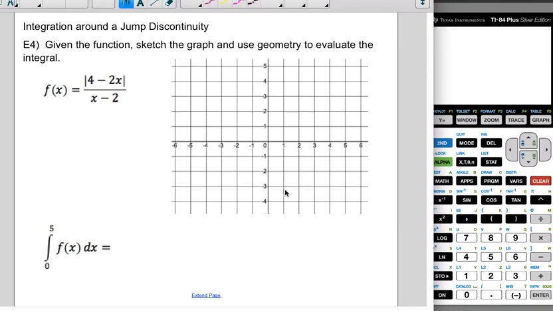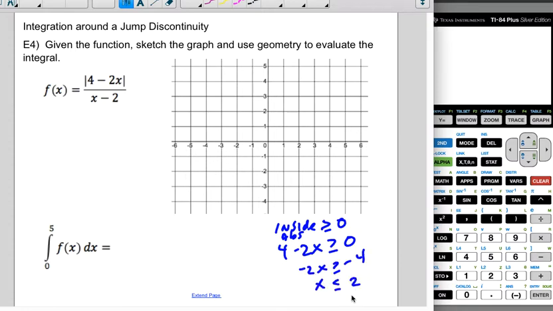When the inside of an absolute value is greater than or equal to 0, then the absolute value doesn't do anything, right? So when 4 minus 2x is greater than or equal to 0, which is when negative 2x is greater than or equal to negative 4, or when x is less than or equal to 2, the absolute value doesn't do anything. So this thing is actually a piecewise function.